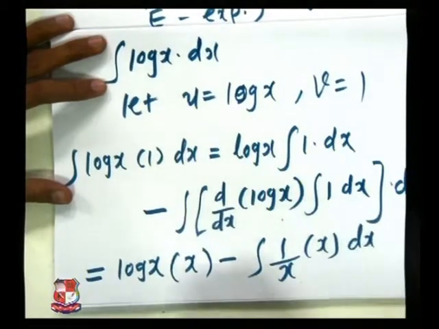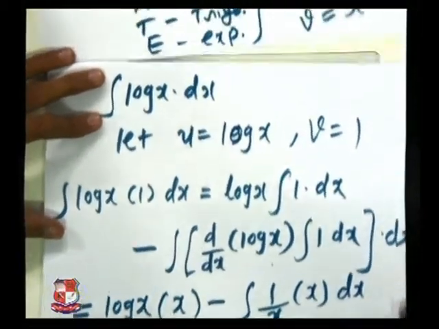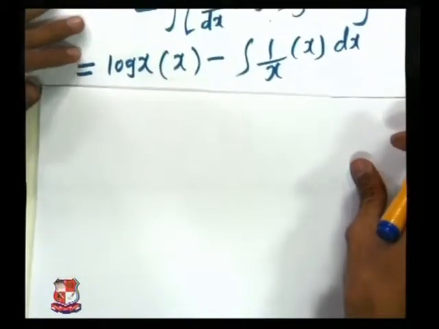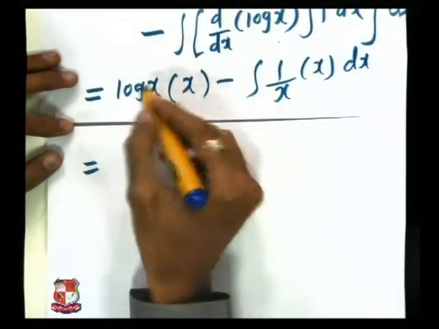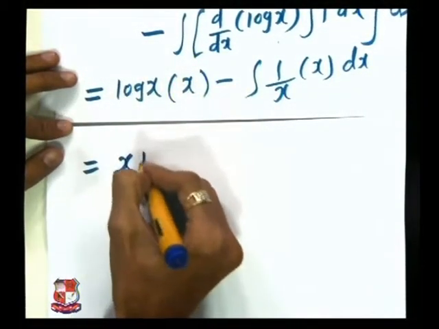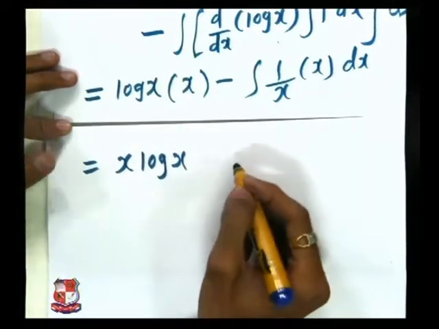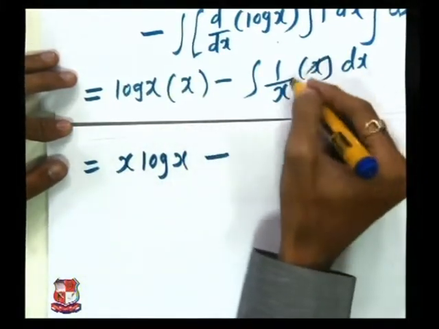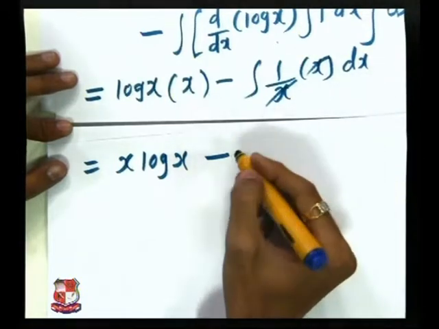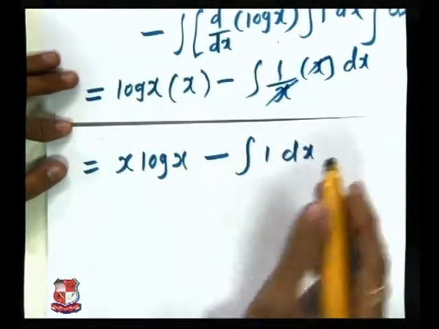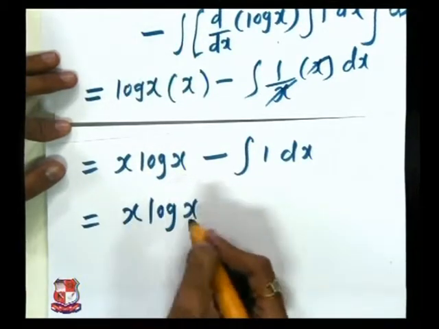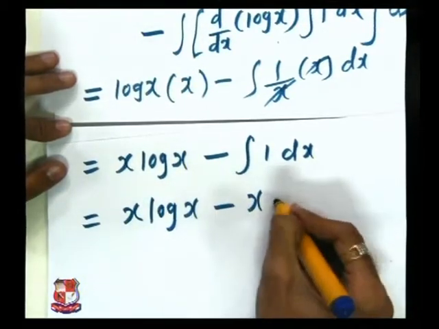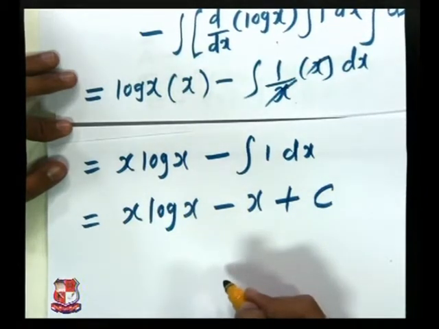By simplifying this one, I will get x into log x, so this one is equal to x log x minus, there is x cancel, so integration of 1 dx, so this one is equal to x log x, integration of 1, that is equal to x, plus integration constant c.